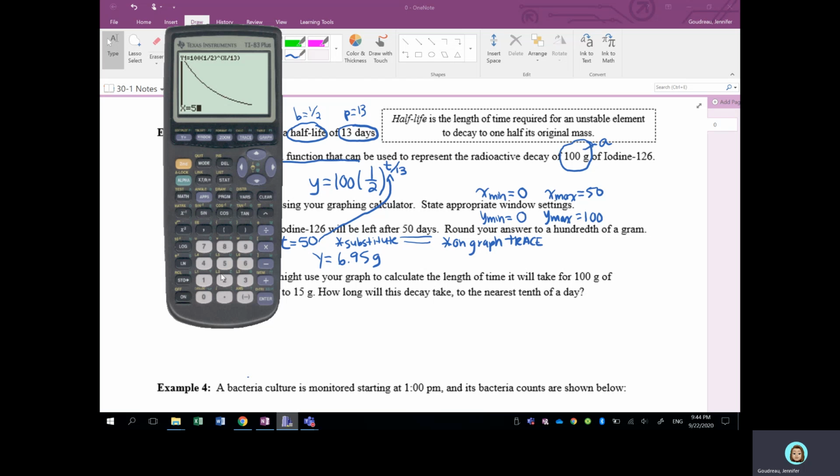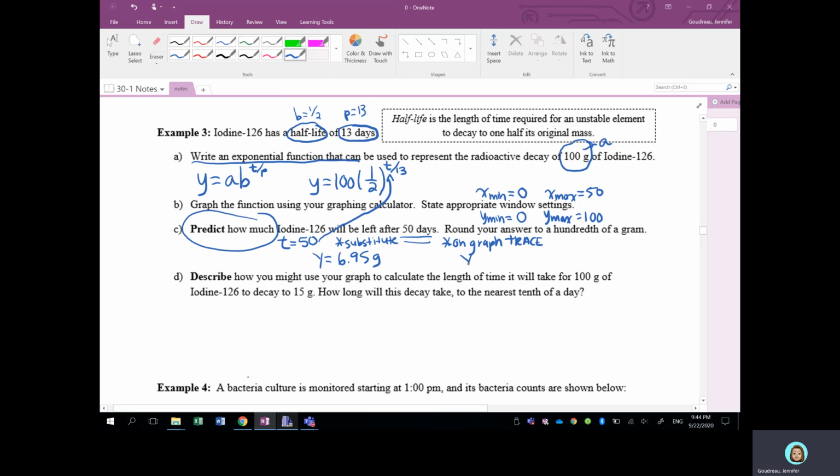And I'm just going to punch in X is equal to 50, and there's our Y value, 6.95. So this question we can do either way, either by substitution or by graphing, but please make sure you are rounding to the nearest hundredth and make sure that you are writing your units.